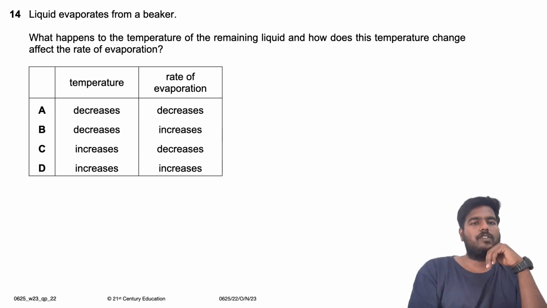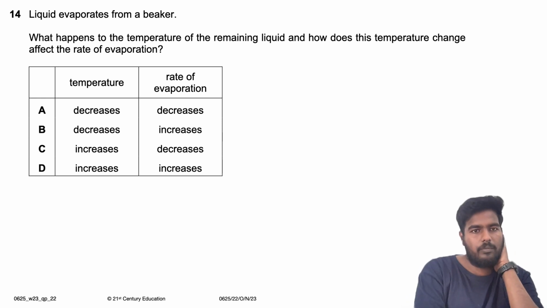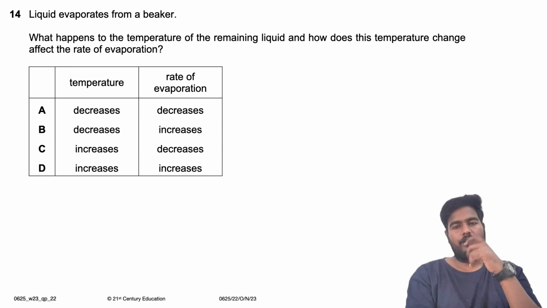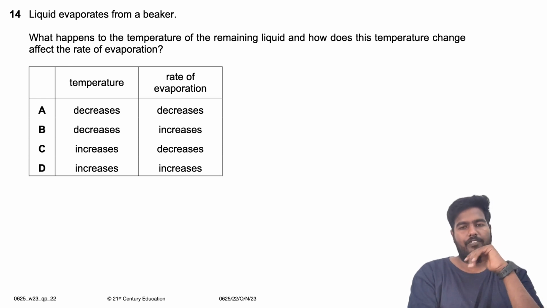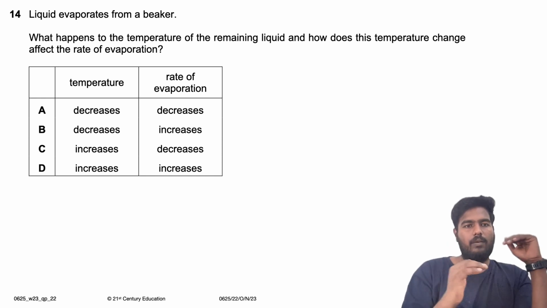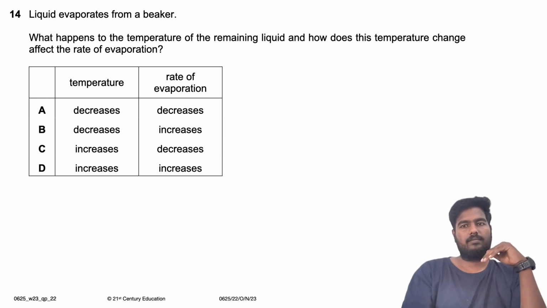Liquid evaporates from a beaker. What happens to the temperature of the remaining liquid, and how does this temperature change affect the rate of evaporation? We know that if evaporation happens on the surface, high energetic particles leave the surface, taking the temperature from the liquid. So the liquid temperature will decrease.